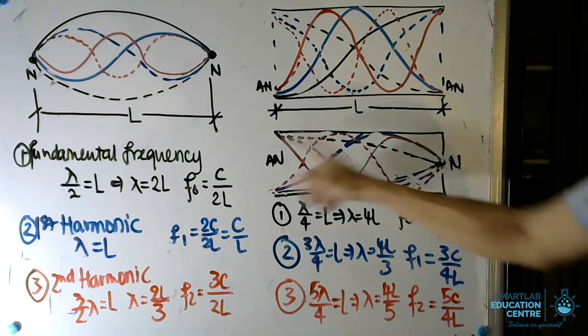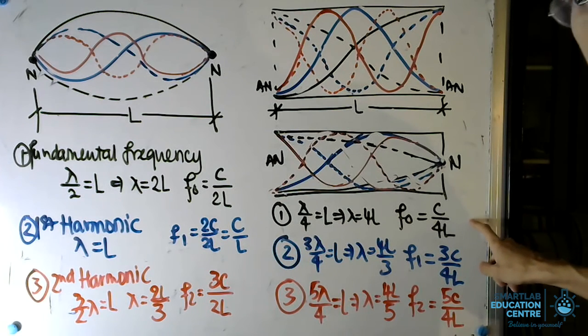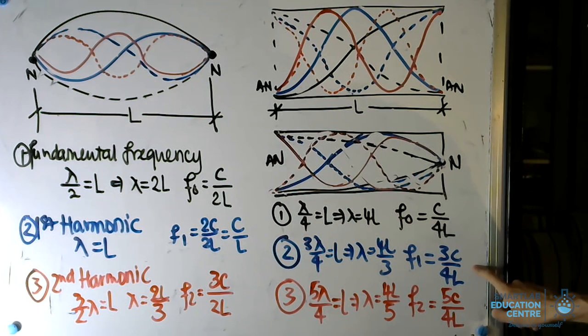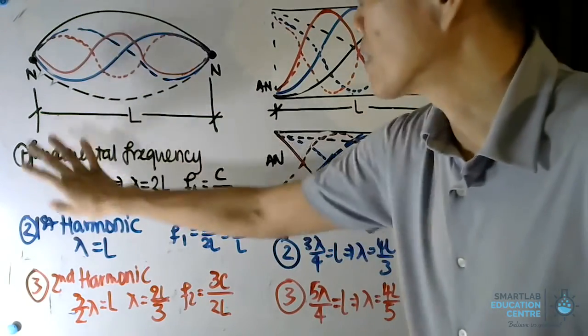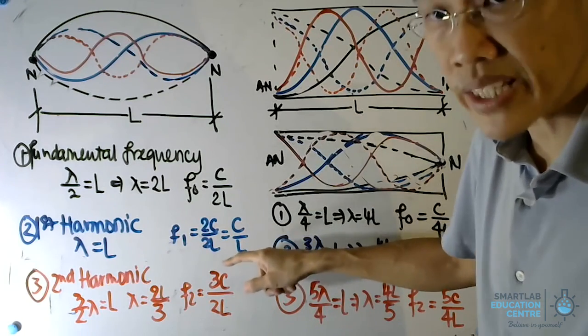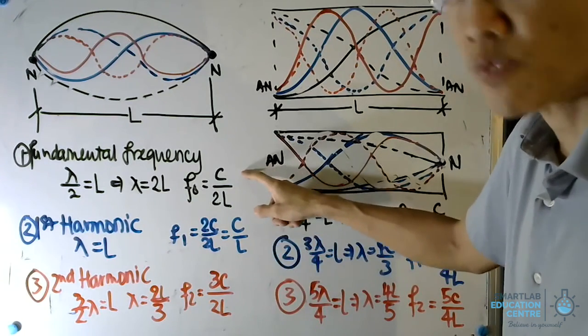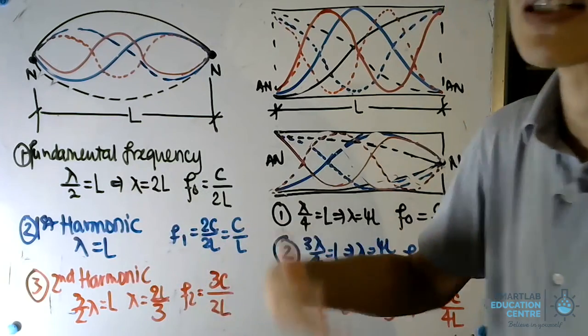In short, in this case, if the fundamental frequency is 100 Hertz, then the next frequencies that will produce a stationary wave will be 300 Hertz, 500 Hertz, 700 Hertz, 900 Hertz, and so on. While in the other two cases, if the fundamental frequency is 100 Hertz, then you will get your next stationary waves, or first harmonic, at 200 Hertz, 300 Hertz, 400 Hertz, 500 Hertz, and so on.